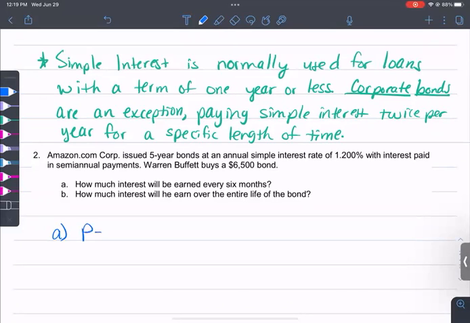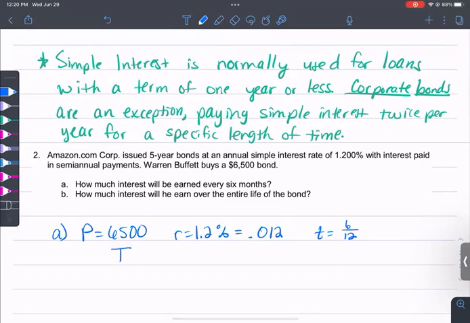They have a principal of $6,500 with the rate of 1.2%, in decimal form is 0.012. And since the interest is paid in semi-annual payments, that is every 6 months. So for time, you could say 6/12, 6 months out of a year.